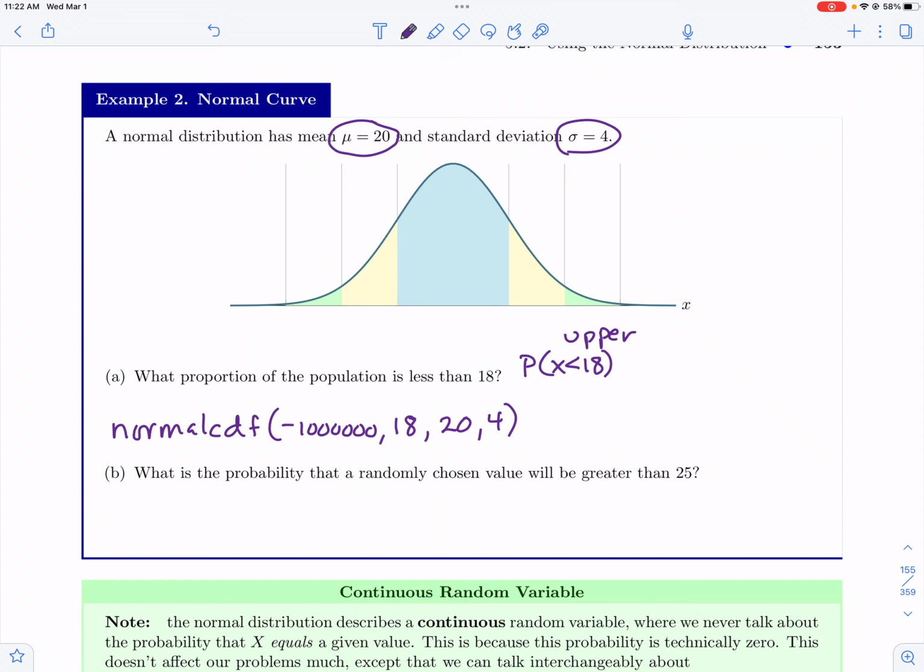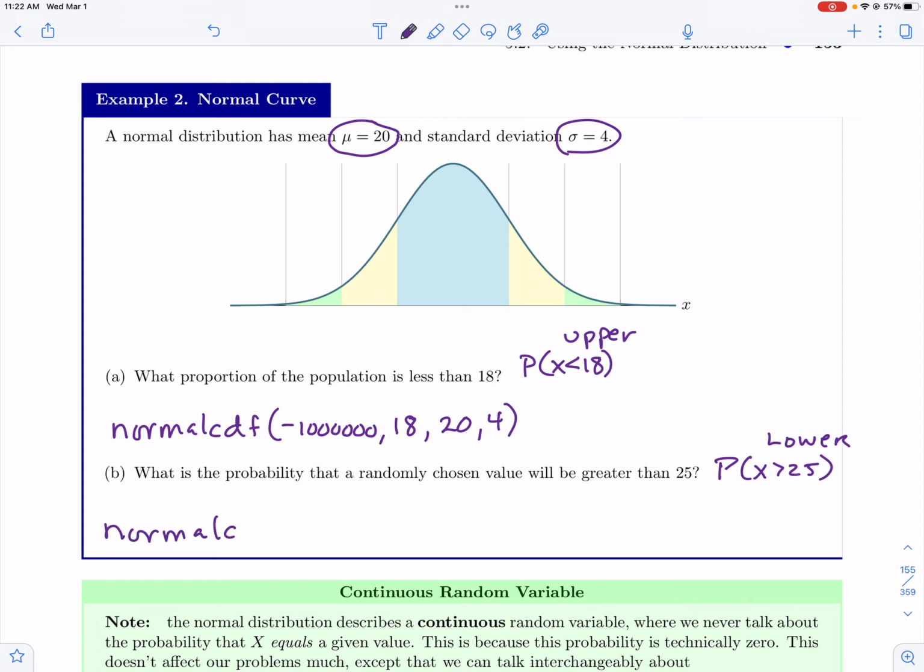And then for B, what's the probability that a random value is greater than 25? So from an inequality perspective, that's going to look like that. And since it's greater, that 25 is going to be our lower bound. And again, we don't have an upper bound, so we're going to want to pick something ridiculously big for our upper bound.